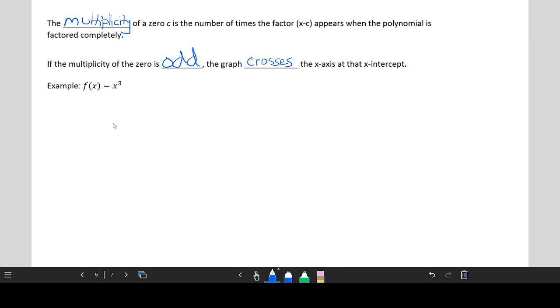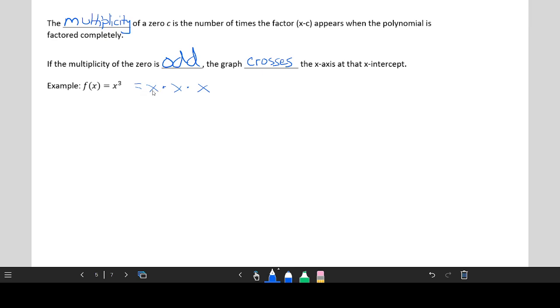If it's even, it's going to do something different, and I think the easiest way to remember is to think of a couple really simple examples of functions that we've dealt with before. So here we have f of x equals x cubed. That's the same as x times x times x, right? We don't usually have a reason to write it that way, but that is what it's equal to. And so the only 0 here is 0, right? The only x value we can plug in that would make this function equal to 0 is plugging in 0 for x.